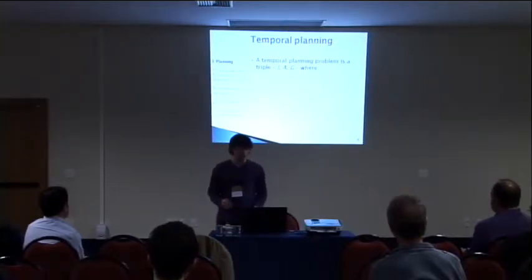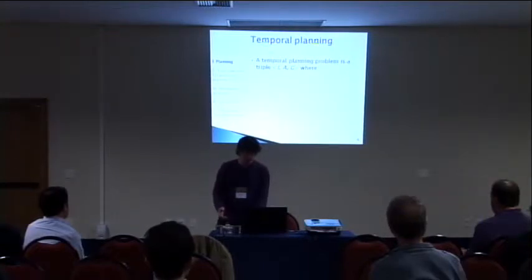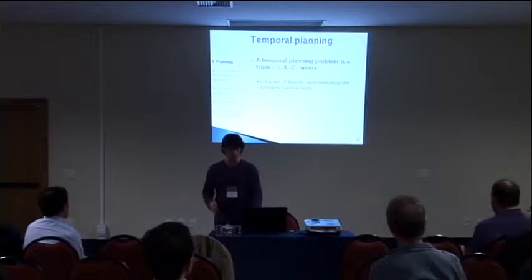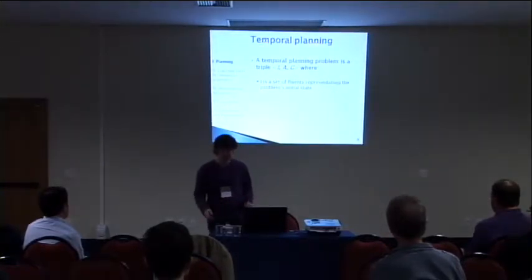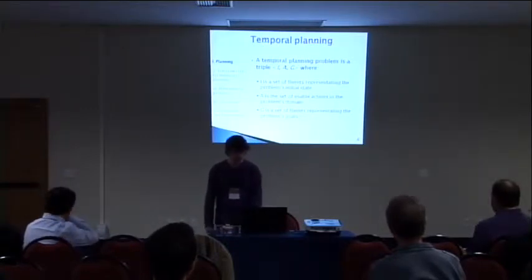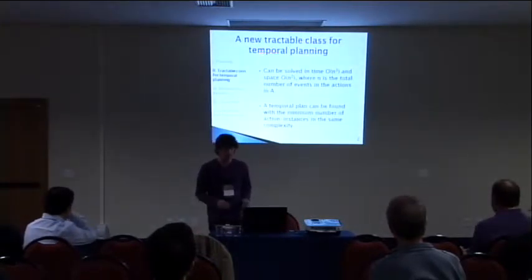So quickly, a temporal planning problem is a triple I, A, G, where I is a set of fluents representing the problem's initial state, A is a set of actions that are usable in order to attain G's goals.